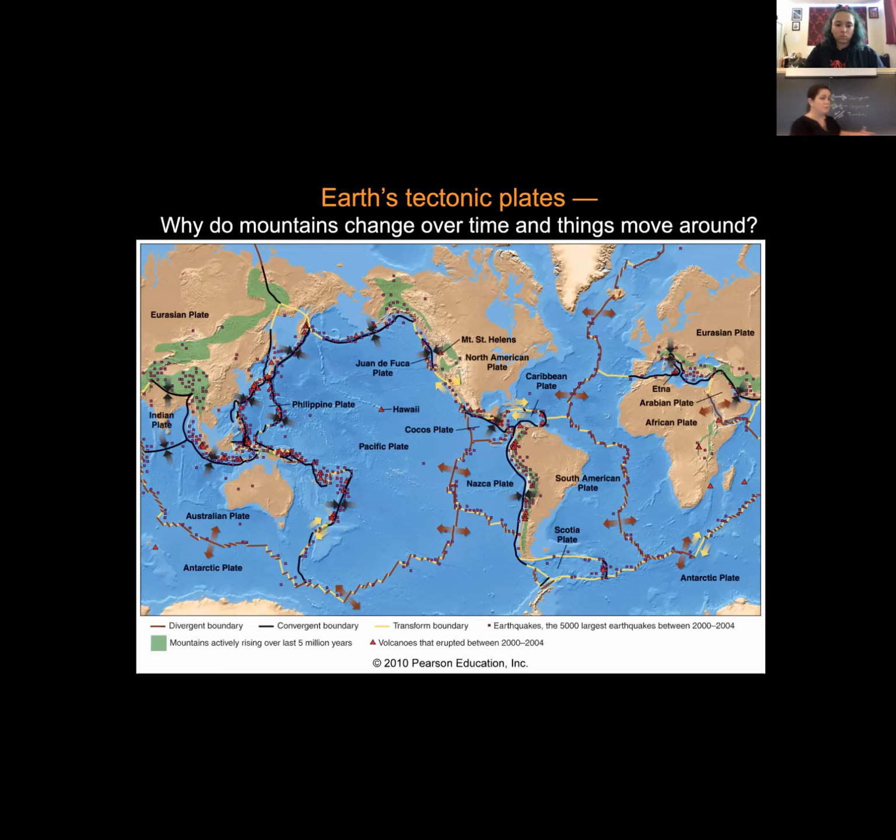We've got older mountain belts, recorded through geologic time, inland from the edges of these continents that are also old records of continental collisions.